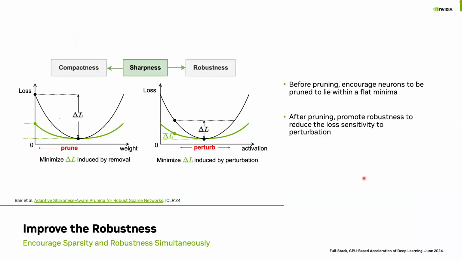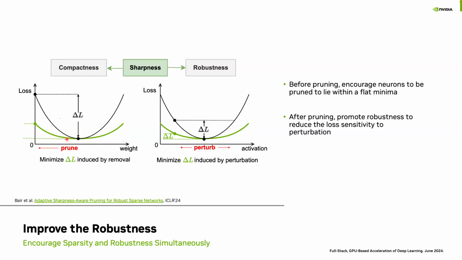So here is what we do. In our recent work, we are aiming at robust pruning. To be specific, we encourage the parameters of the channels that are less important to fall into a flatter loss landscape, because when we do the pruning, it's kind of similar to making this parameter to be 0.